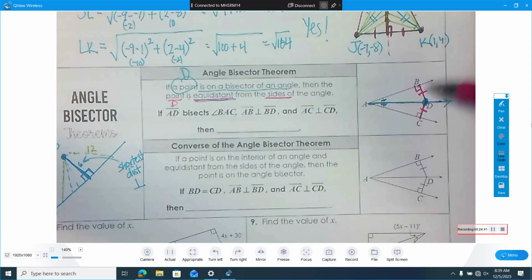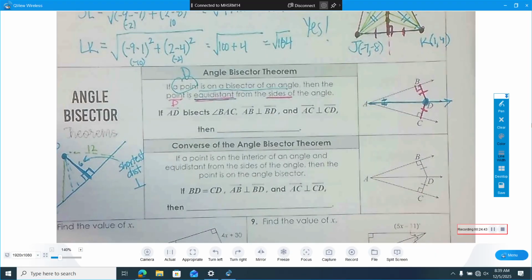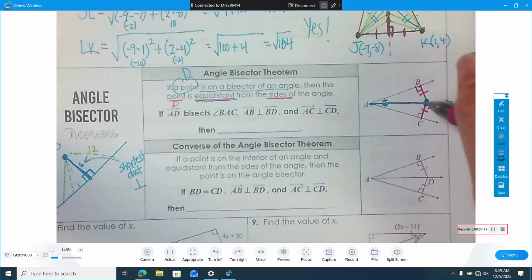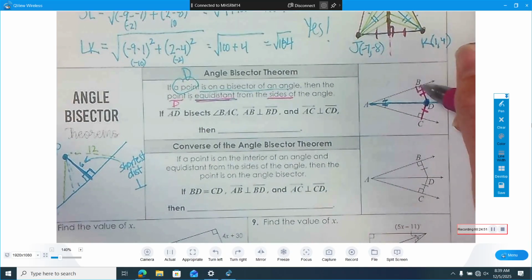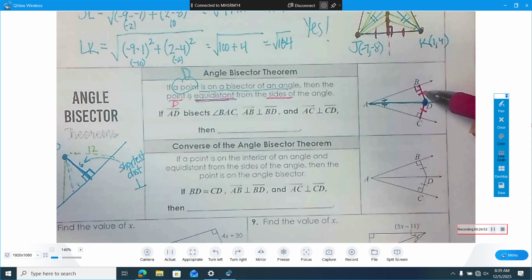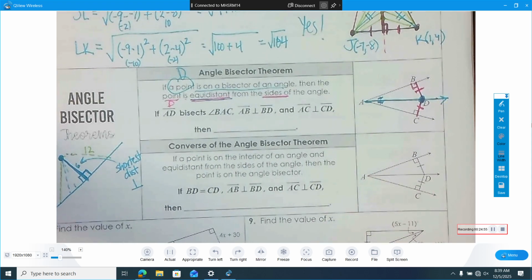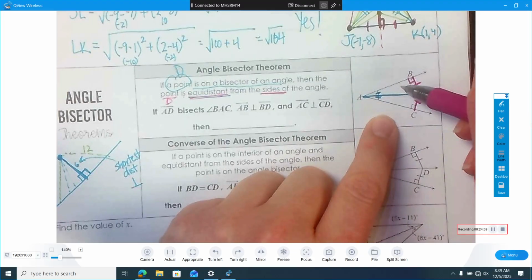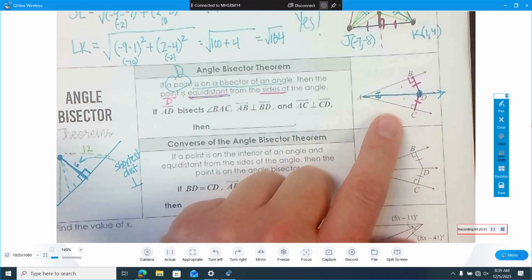Of course, to get that distance, we had to be perpendicular to the side of the angle. Okay? It's a really complicated picture. So point D is the same distance away. It gives us a right angle and it gives us congruent legs. Okay? When we look at these two triangles, the top triangle and the bottom triangle, are these two triangles congruent?